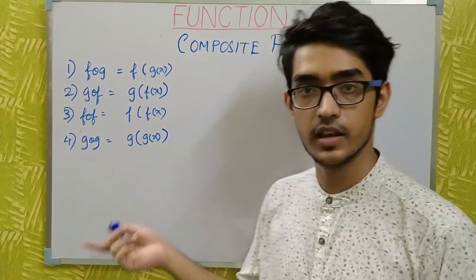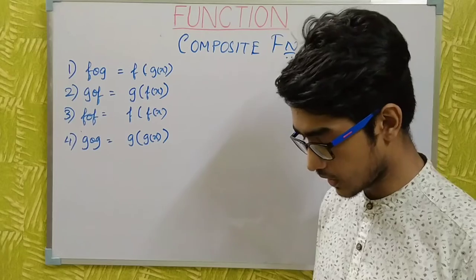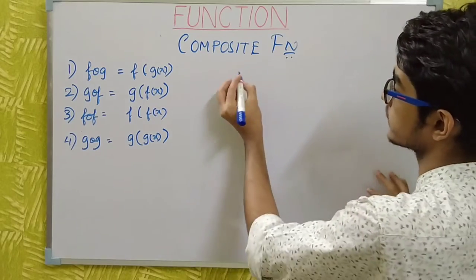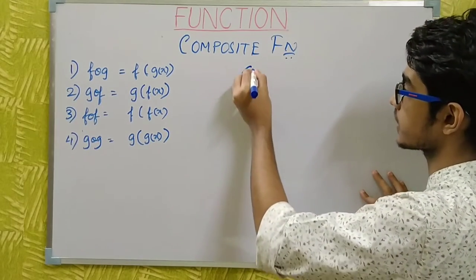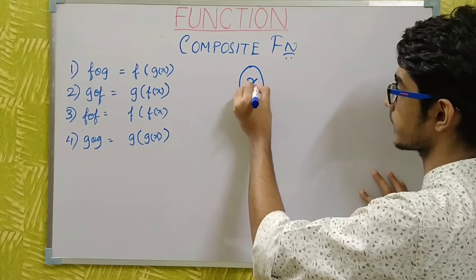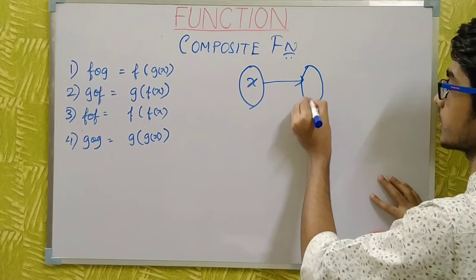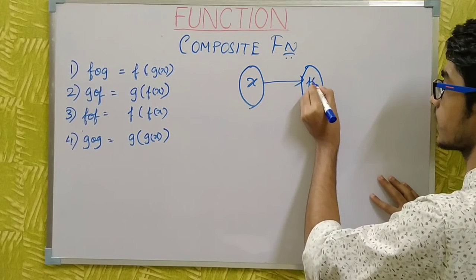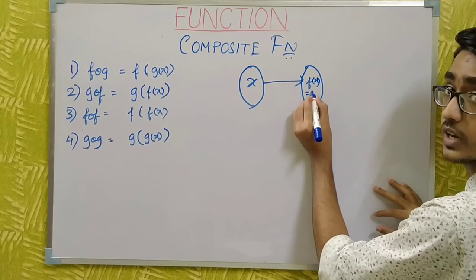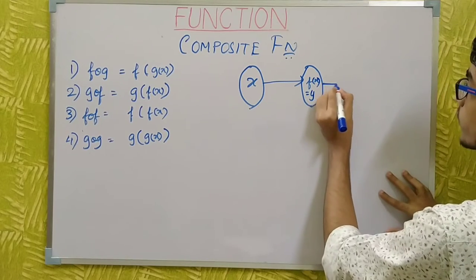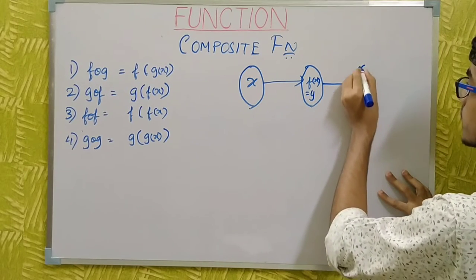Here fx and gx are both defined functions. Okay, now let's see the mapping of this. If this is x, and from here there is a function which is fx. Now let fx equal y. Then from y you have, suppose, gy.